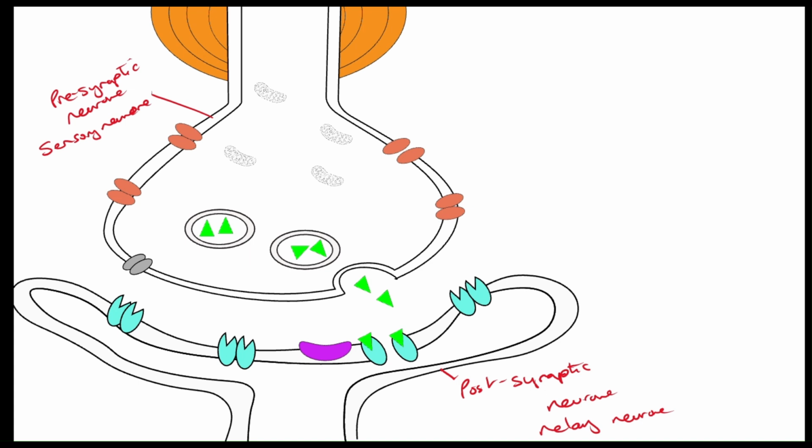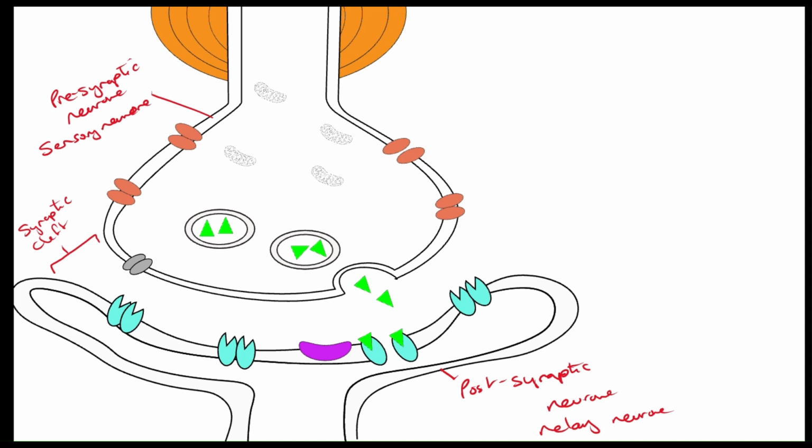And we also have a synaptic cleft, which goes between. So what we're looking at is what happens when an electrical impulse is sent down through the sensory neuron, and then what happens to cause the postsynaptic neuron to then pass that information on.